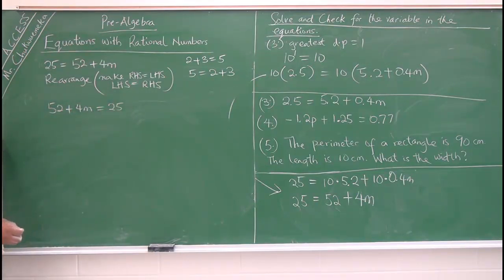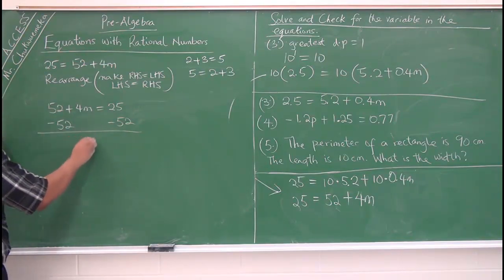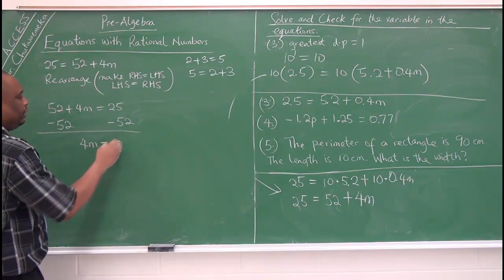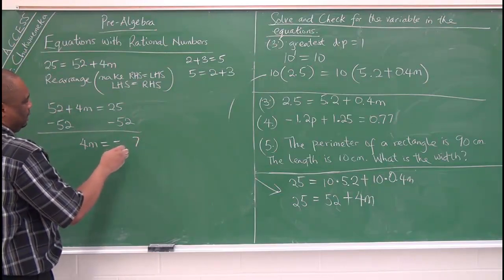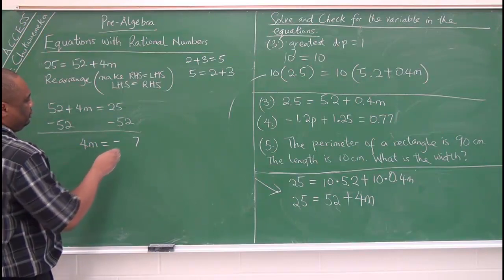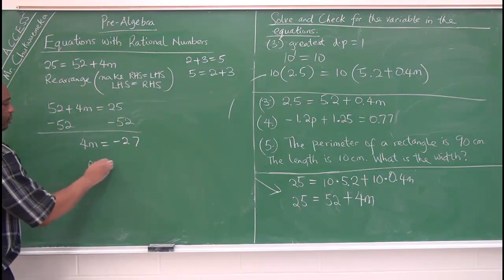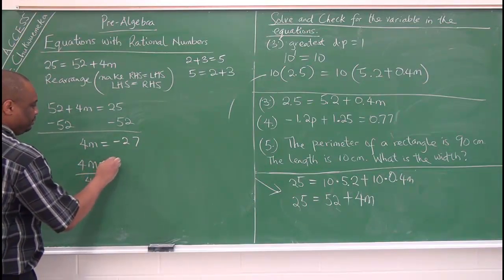Then you subtract 52 from both sides. You have that 4n is 25 minus 52, so you still owe, 12 minus 5 is 7, and 4 minus 2 is 2. Right? So what will n be? You now divide both sides by 4.